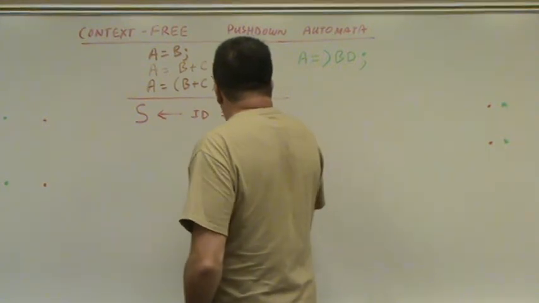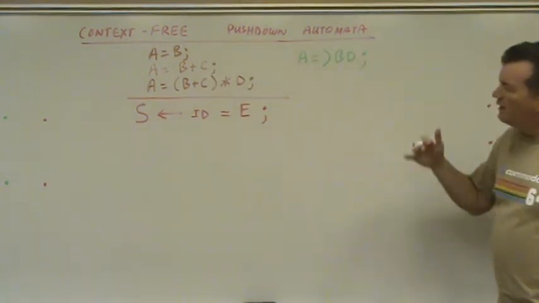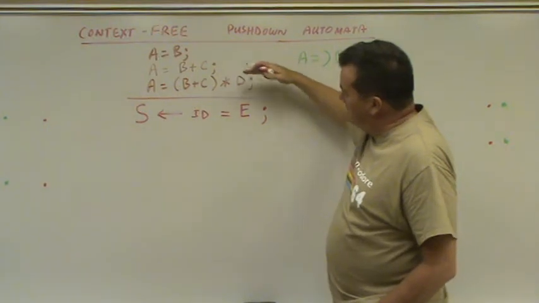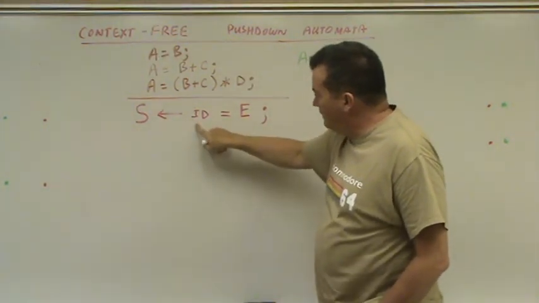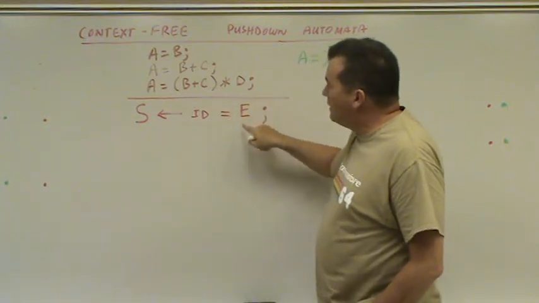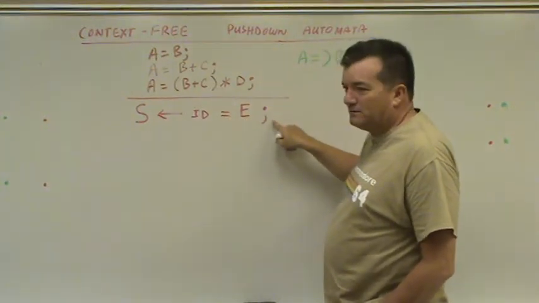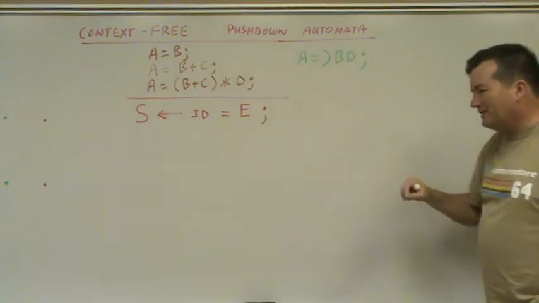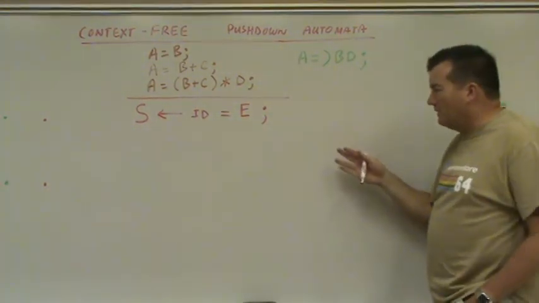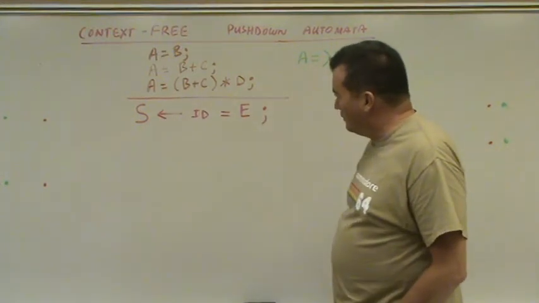And then it ends with a semicolon. So we're saying all sentences in our language are of the form an identifier, an equal sign, some kind of an expression, and then we always end with a semicolon. Like in the English language, sentences end with a period or a question mark. In computer languages, they usually end with a semicolon.